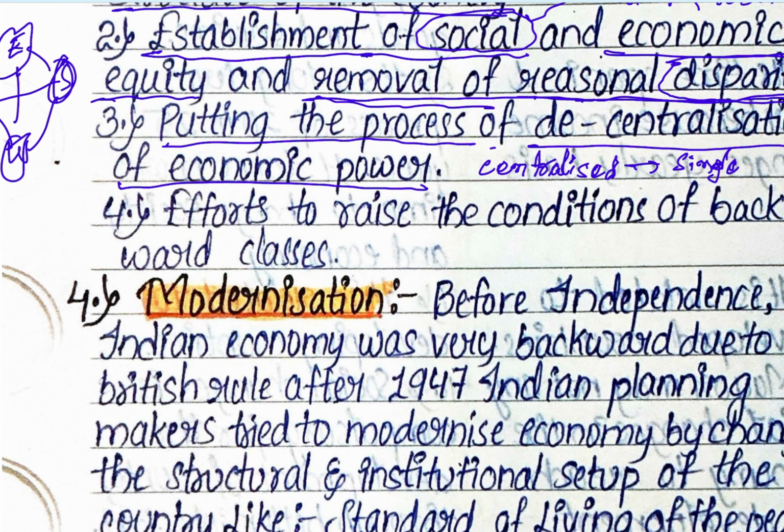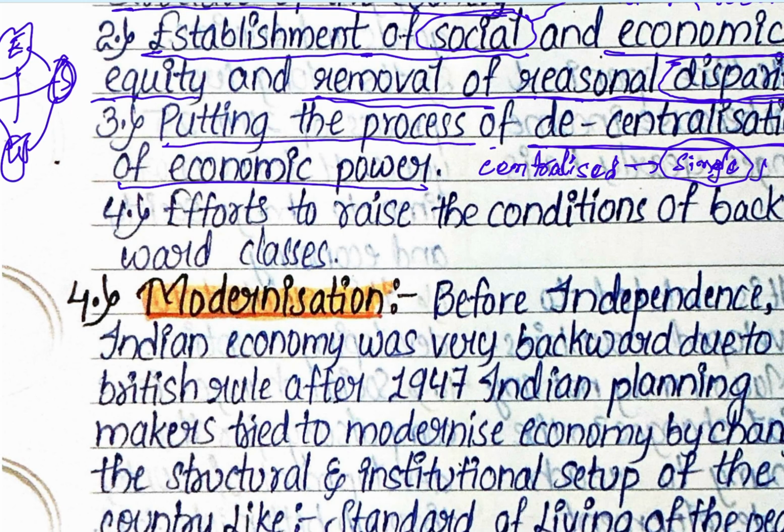If all the economic powers, meaning resources, manpower, wealth, income, are controlled only by the central government, that is called centralized economic power. Decentralized economic power is nothing but the ownership of resources, wealth and income being distributed among the people.